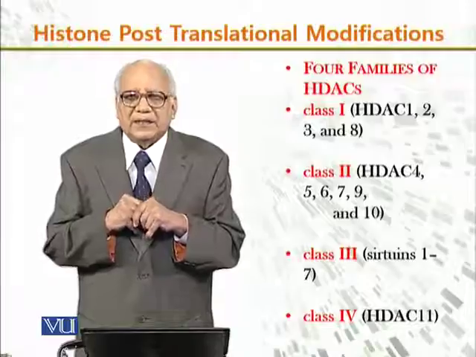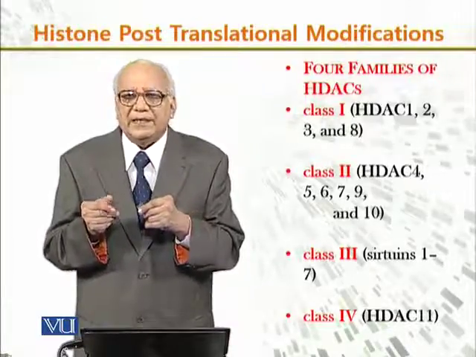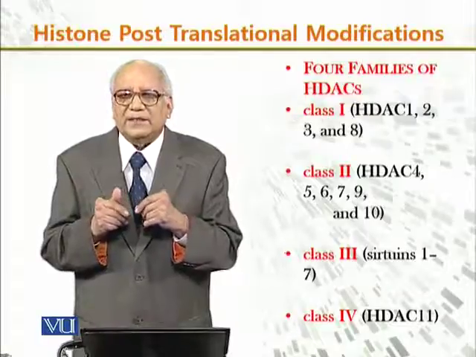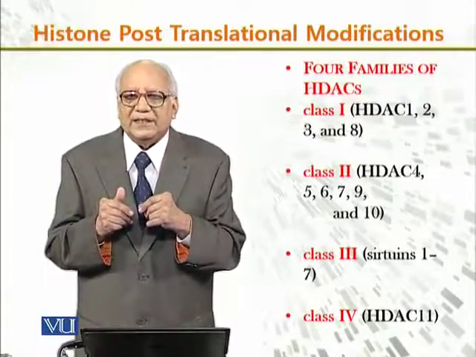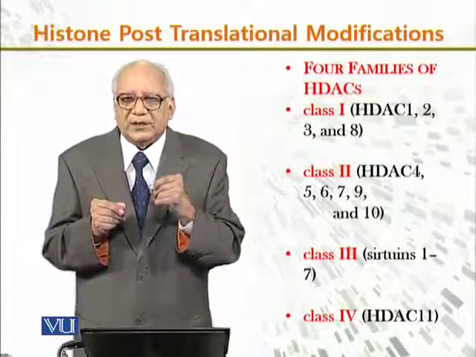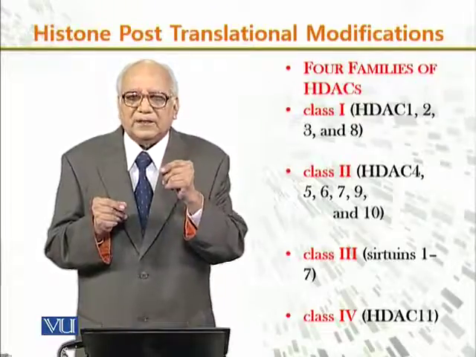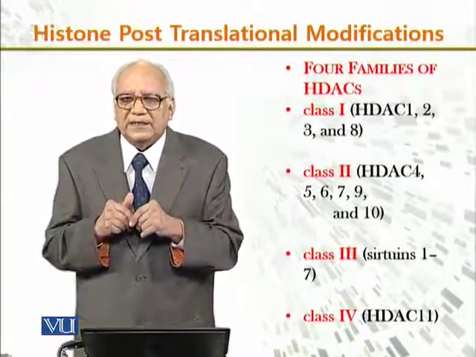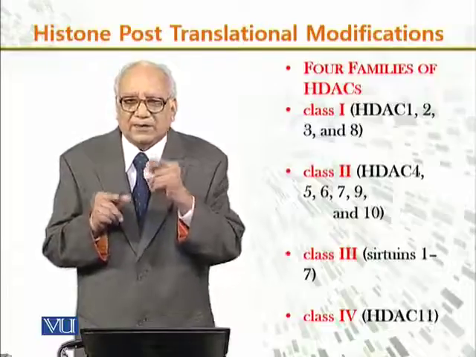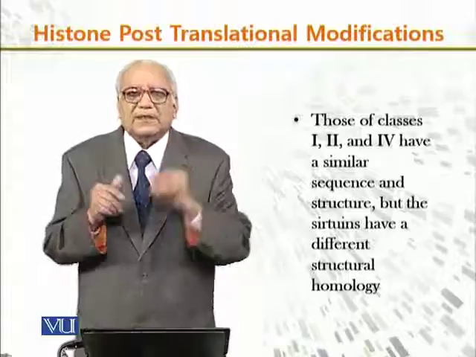Class 1 is HDAC 1, 2, 3 and 8, class 2 is HDAC 4, 5, 6, 7, 9 and 10, class 3 is the sirtuins, that is SIRT 1 to 7, and class 4 is HDAC11. So these are the different classes.